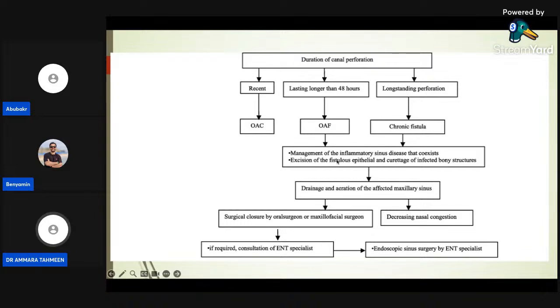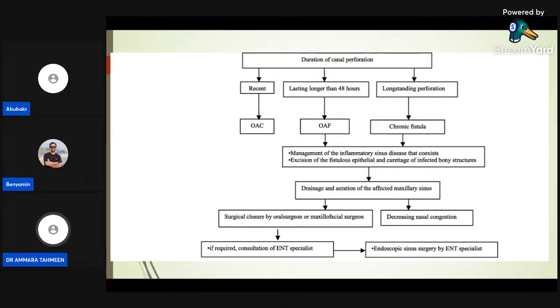That means that is an oroantral fistula. If you are seeing this defect after 48 hours, it is called oroantral fistula. If it has crossed more than 10 or 14 days, then it's called chronic oroantral fistula, that is, a long standing perforation.